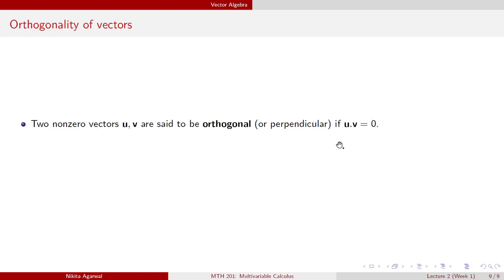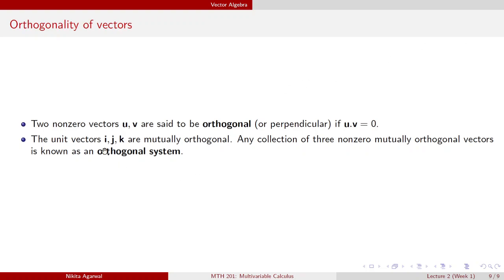Now this definition is not surprising, because from the previous result u dot v is nothing but norm u norm v cosine theta, where theta is the angle between them. So if theta is equal to pi by 2, then cosine pi by 2 is 0. Therefore, u dot v is equal to 0. So this definition is not surprising. It says that when theta is pi by 2, then you say that the vectors are orthogonal or perpendicular. So they are actually perpendicular, as you know geometrically.